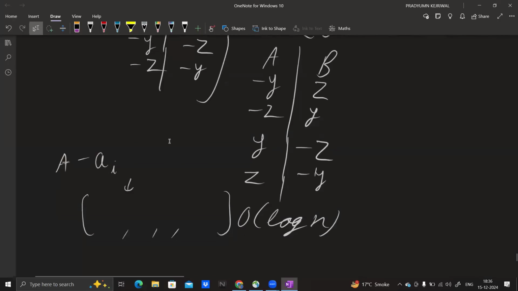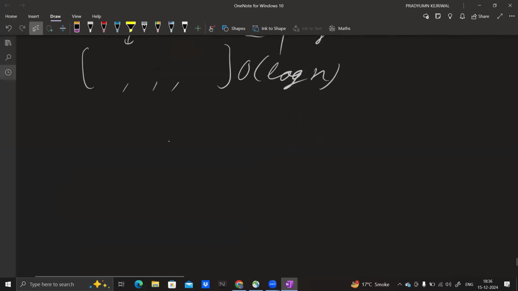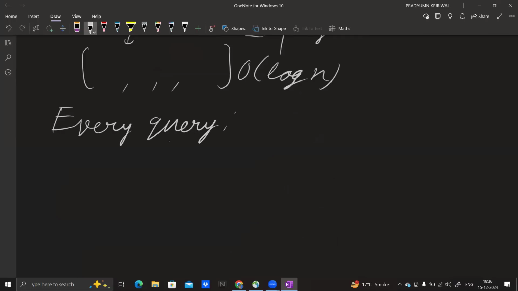So finally, what we are doing is, for every query, we are breaking x into y and z. This takes O of root x time. Then we are checking for y in a and z in b, and checking takes O of log n time.